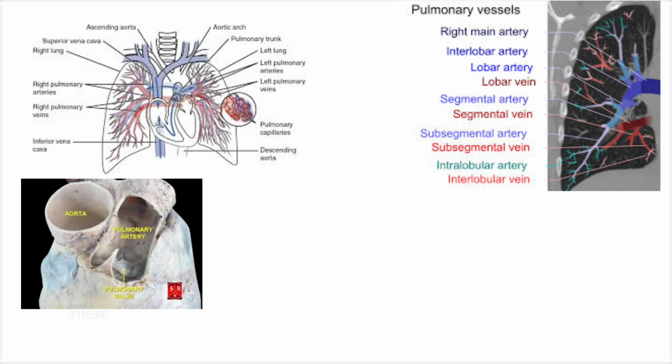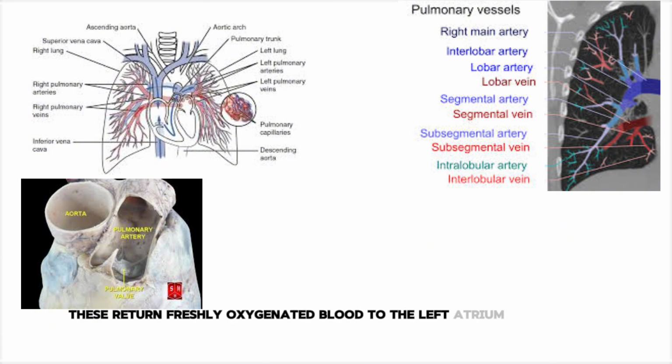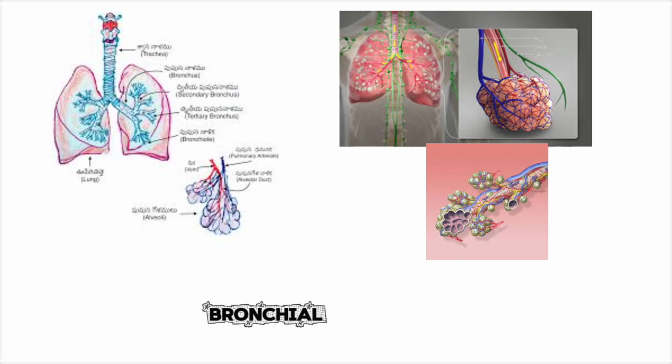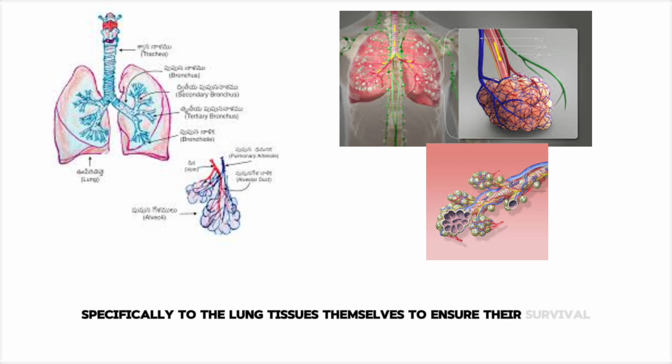Pulmonary veins return freshly oxygenated blood to the left atrium to be pumped to the rest of the body. Bronchial circulation. A separate, smaller systemic circuit provides oxygenated blood specifically to the lung tissues themselves to ensure their survival.